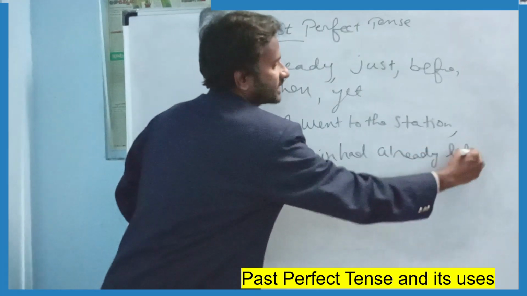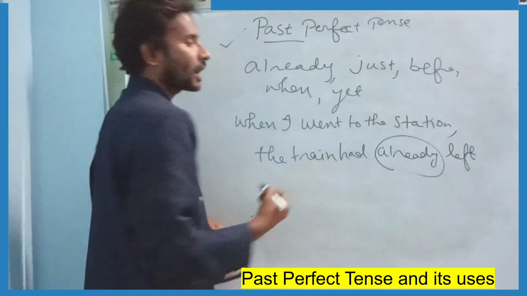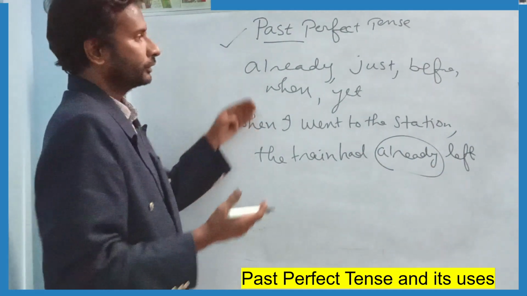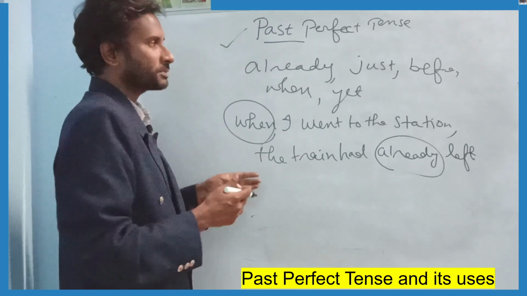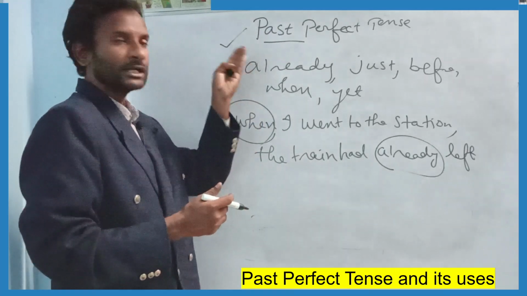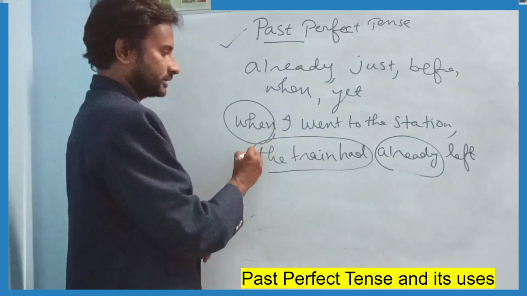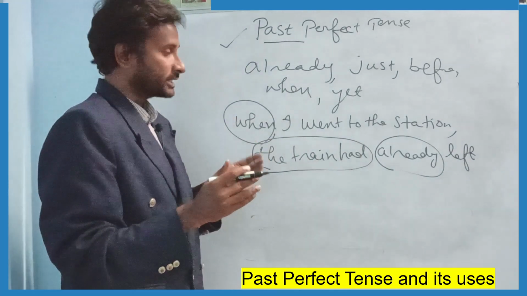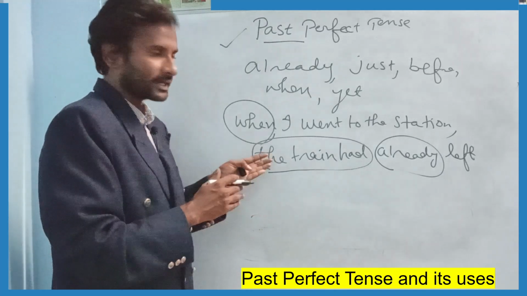Now see, in this example, it is very clear that we are using already. So with time expressions, we also use when. With time expressions we take past perfect tense, as here, the train had already left. Every time you have to understand which was the first action and which was the second action.